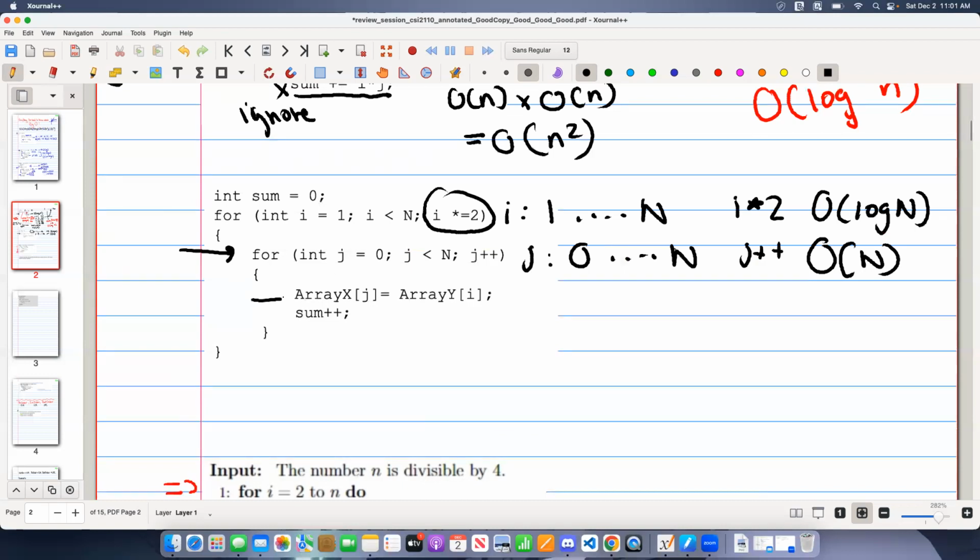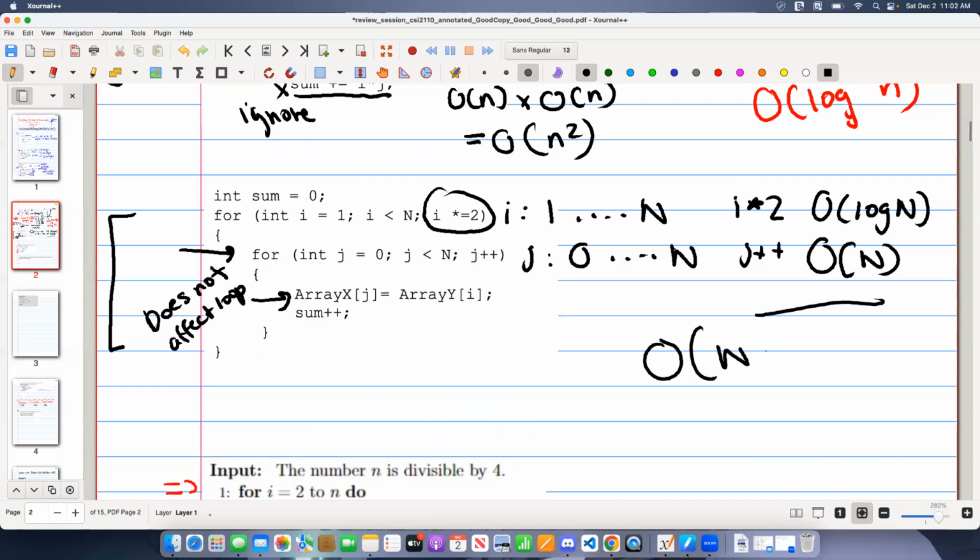And this array stuff does not actually affect the loop. Therefore, we can just ignore it. Since these two loops are embedded within each other, we do O of log n times O of n, and this whole function is equal to O of n log n.